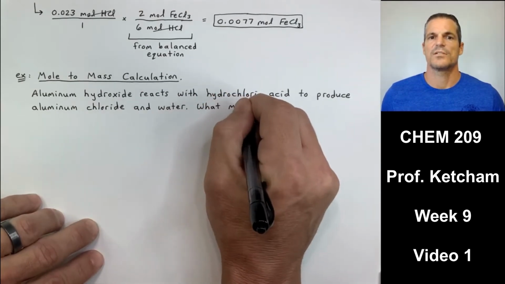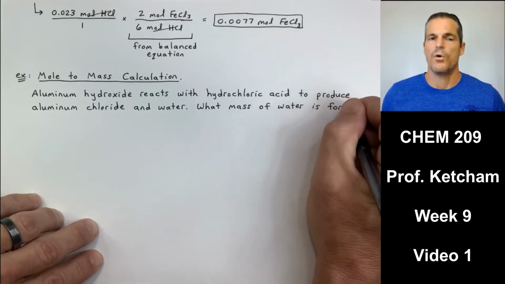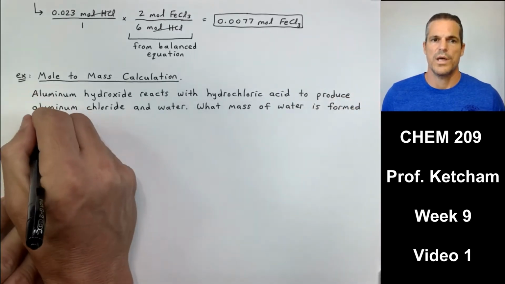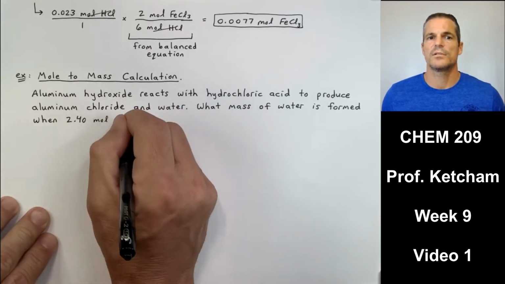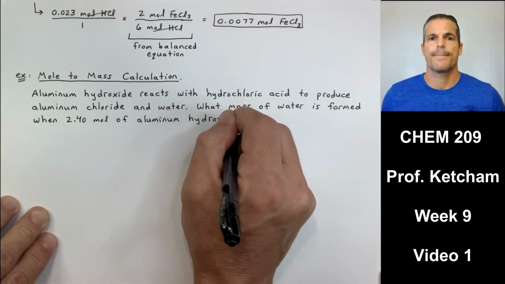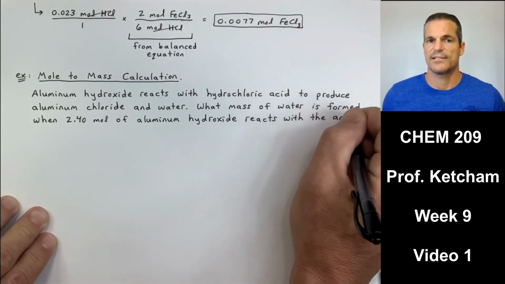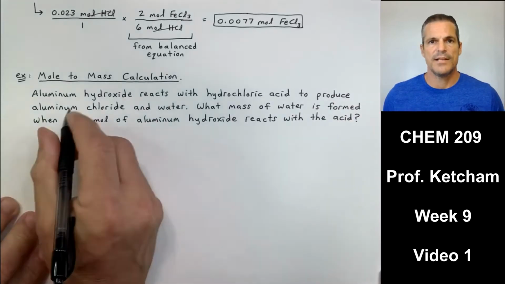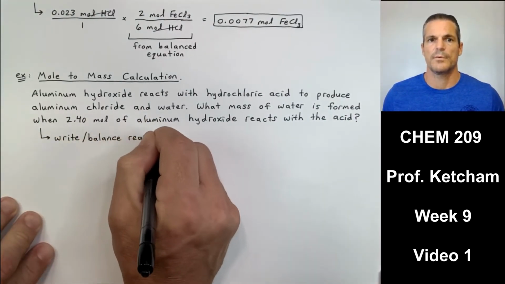The question is, what mass of water is formed when 2.40 moles of aluminum hydroxide reacts with the acid? So I immediately hone right in on the 2.40 moles of aluminum hydroxide.